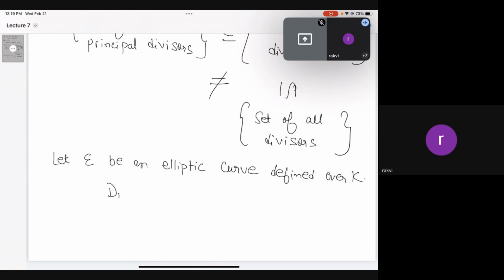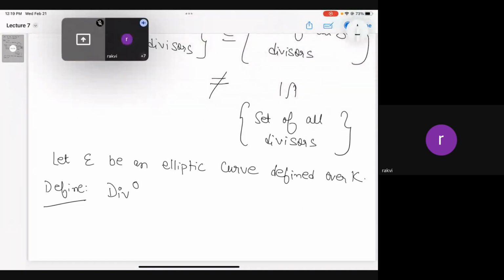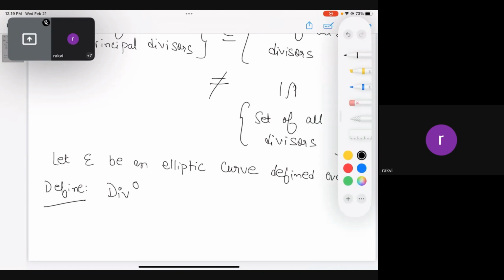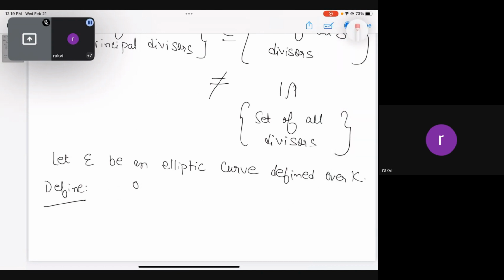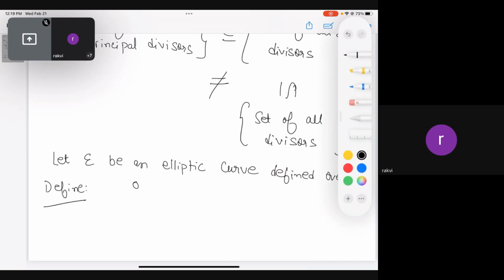So let me define this object. Let me stick to the terminology that the book uses. It's called Picard zero.